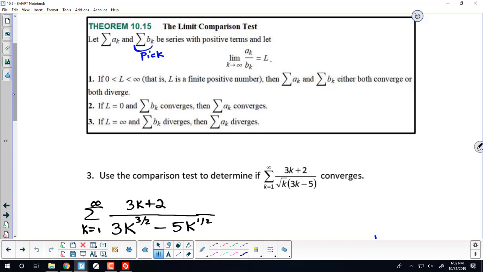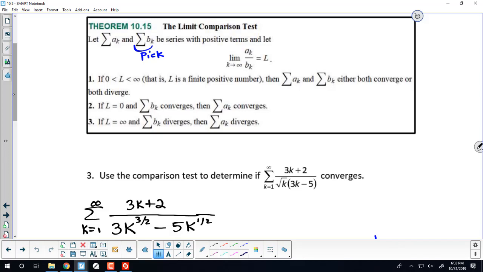But unlike the direct comparison, we don't have to establish a relationship between A and B, because all we do is take A and divide it by B, and compute the limit at infinity. Depending on what that limit turns out to be, one of these three scenarios, and what the series that we chose to compare to actually does, whether it converges or diverges, tells us the nature of the series A sub k that we were given.